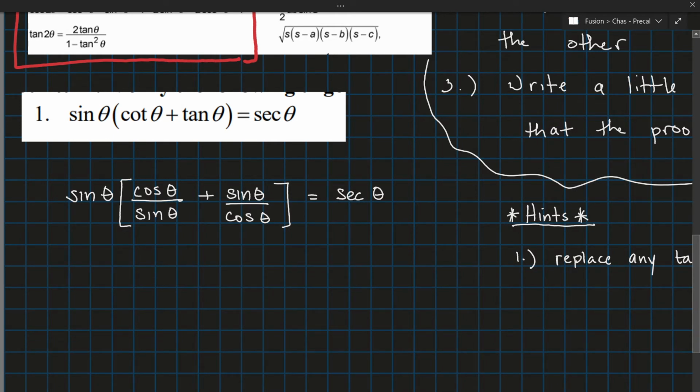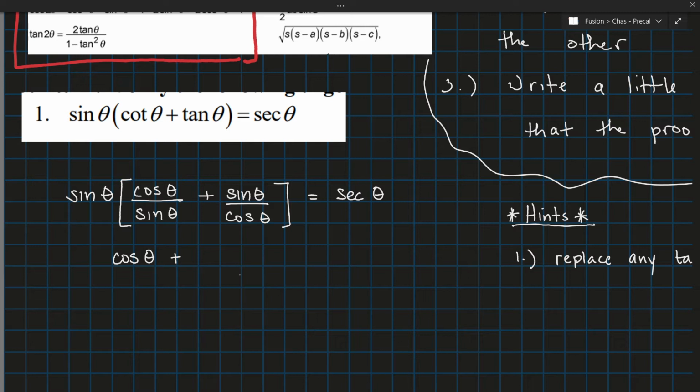And now, what do you notice? Well, if we were to just multiply it out, we would get the first fraction, cosine over sine. The sines would cancel, which gives you cosine. On the second one, could we throw in a change of phase and change cosine of theta to sine of pi over 2 minus theta?